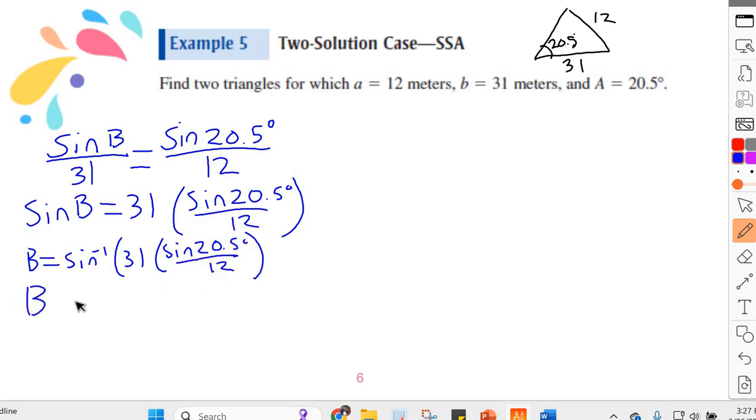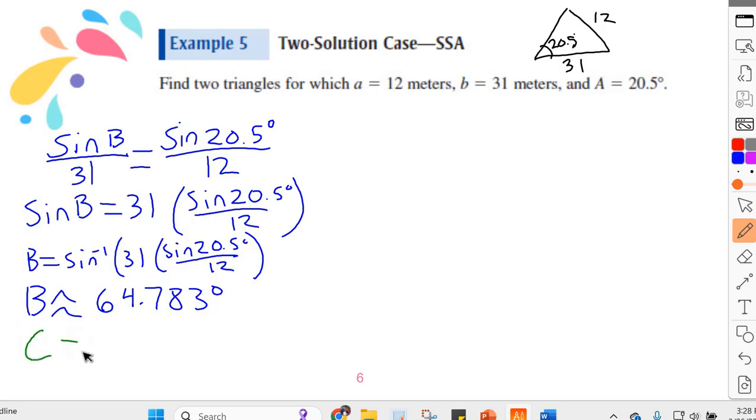We get that big B is approximately 64.7, this time. Yep. Okay. So then what can we find next?